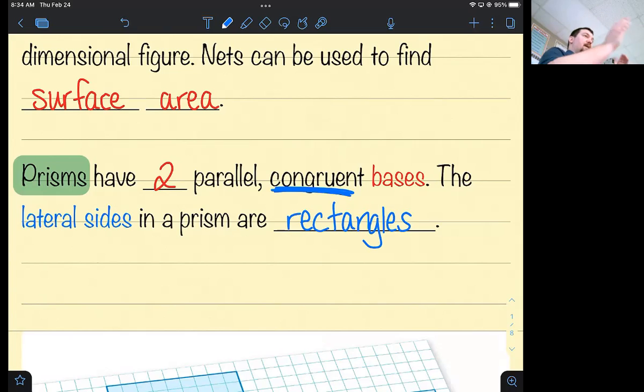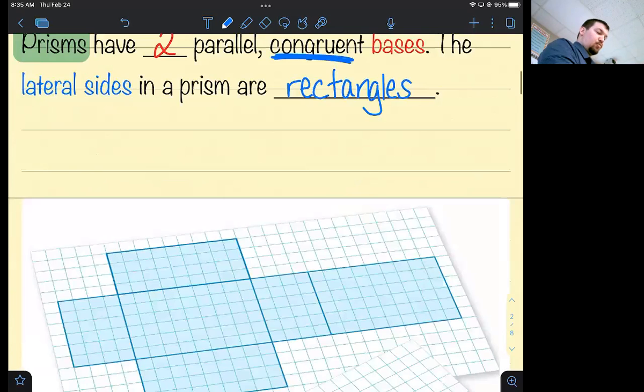So two congruent bases means they're parallel to each other and the same exact size. The other thing you're guaranteed, besides two bases, is that the other sides are all rectangles. Again, you have a warped view of a prism because you've seen rectangular prisms.